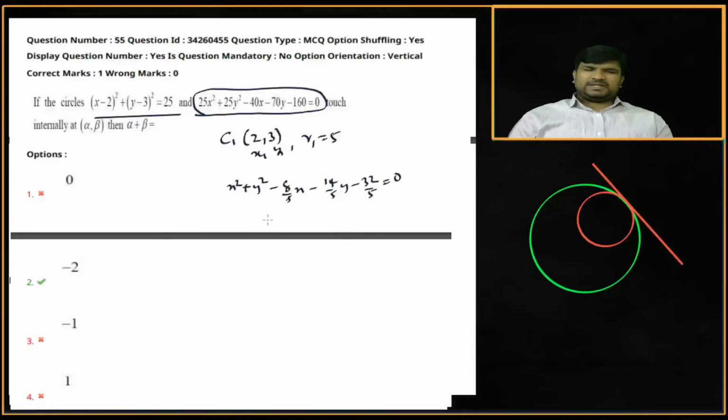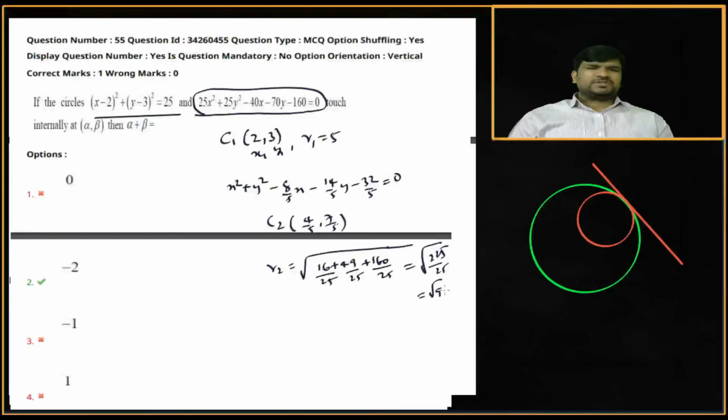Now the center is half of the x coefficient and y coefficient with opposite sign, so 4 by 5, 7 by 5, and radius r2 equals root of 16 by 25 plus 49 by 25 plus 160 by 25, which is 225 divided by 25, so the root is 3. So r1 is 5, r2 is 3, C1 is (2, 3), and C2 is (4 by 5, 7 by 5).